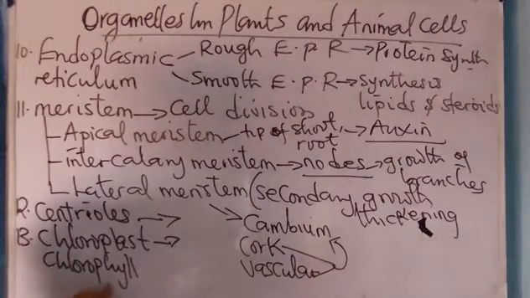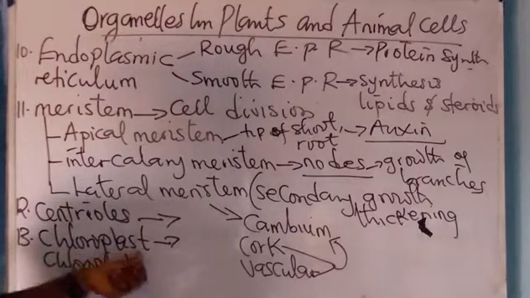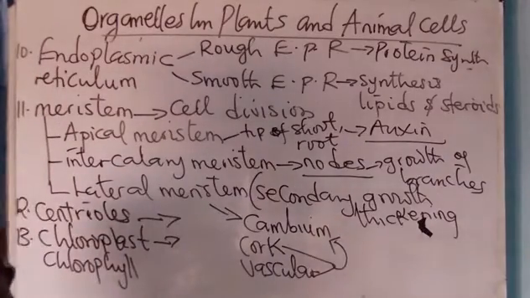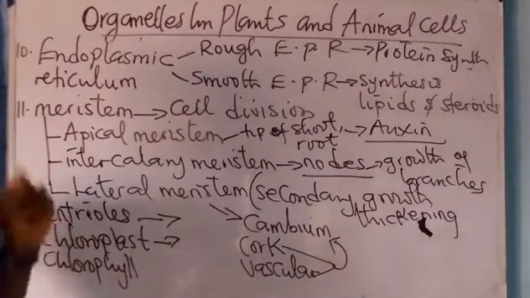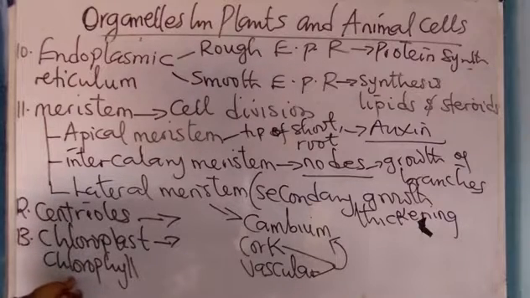No, it does not occur in the chlorophyll. It occurs in the chloroplast. But if they should ask you, which of the following does photosynthesis occur in? They'll give you option A, chloroplast, B, mesophyll, C, chlorophyll, and D, spongy layer.